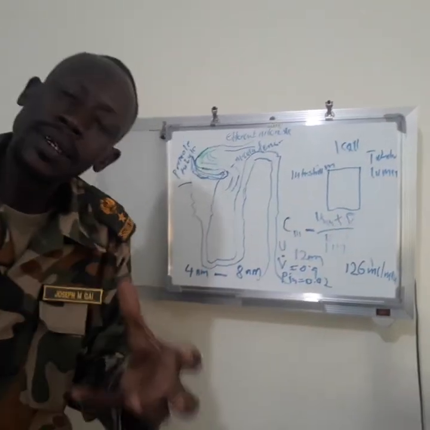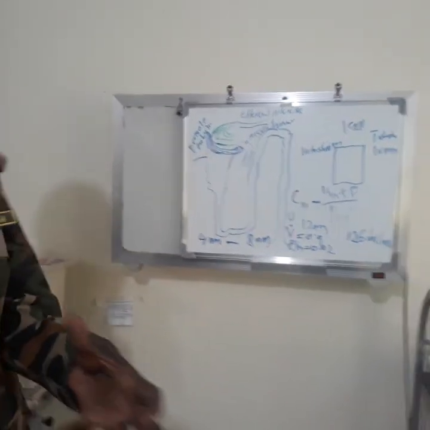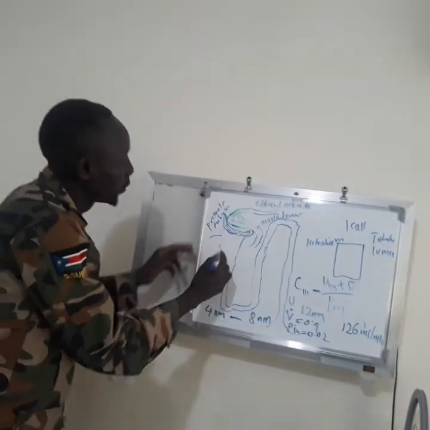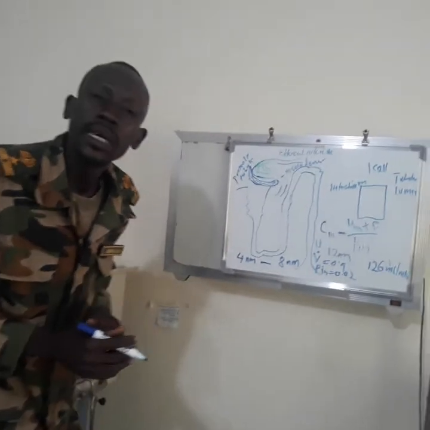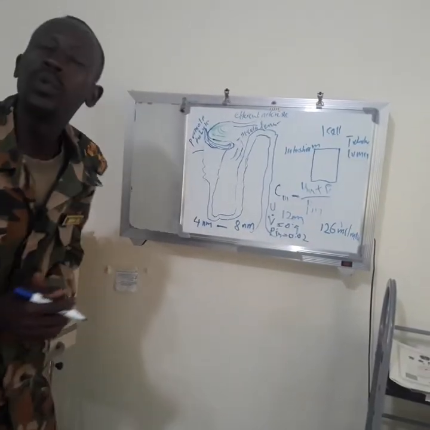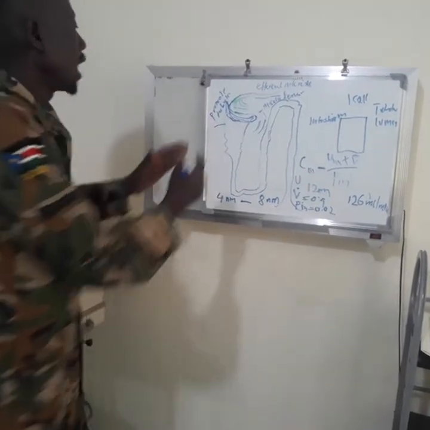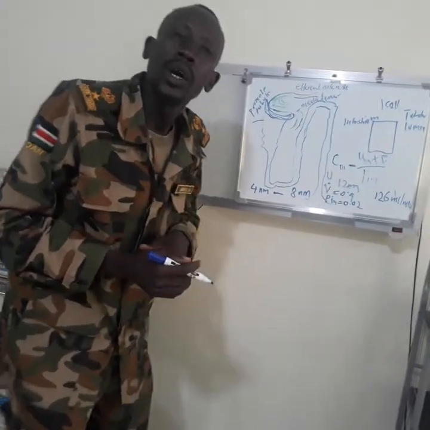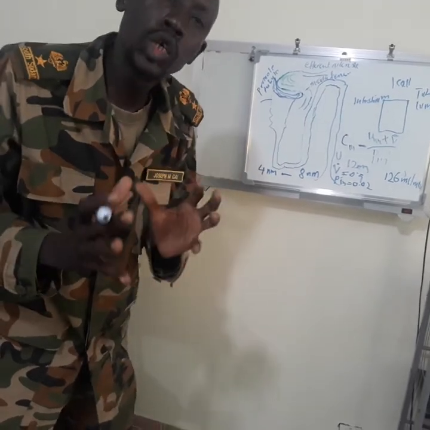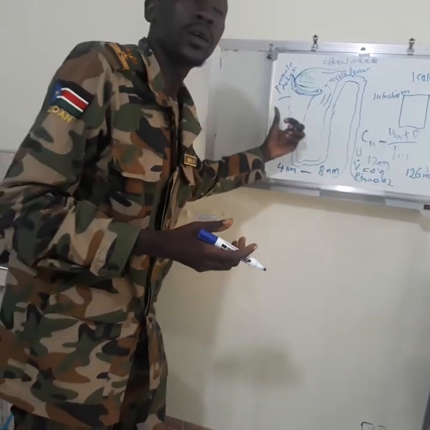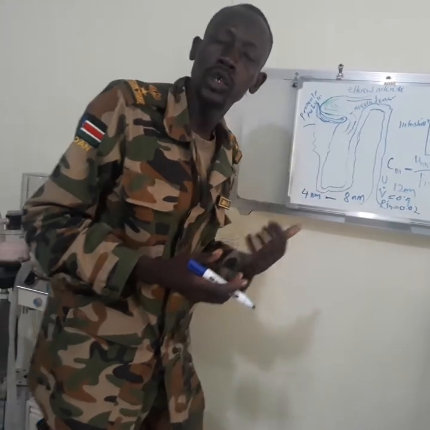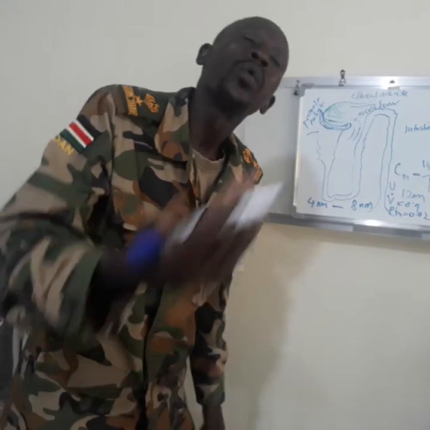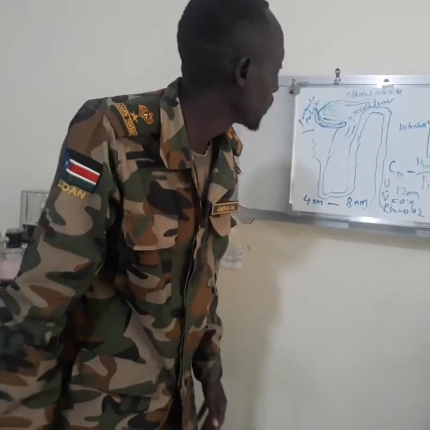Now, when substances are freely filtered, they pass through the proximal convoluted tubule, and this is where reabsorption starts. Certain molecules are just passed from the lumen of the tubule into the interstitium by diffusion through their concentration gradients.